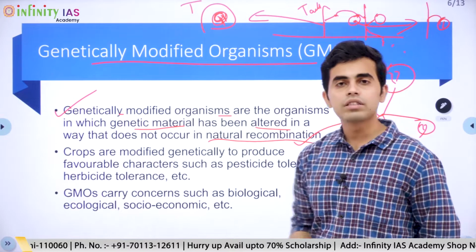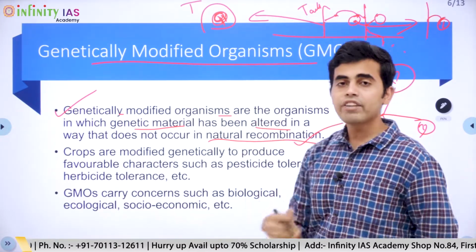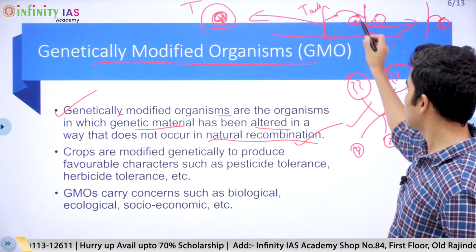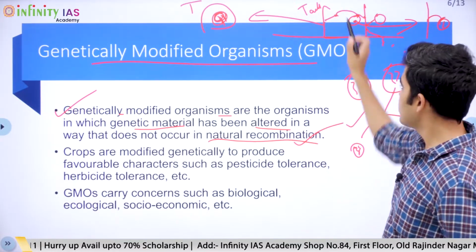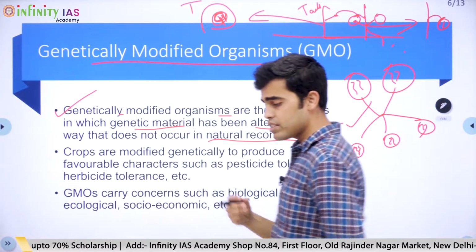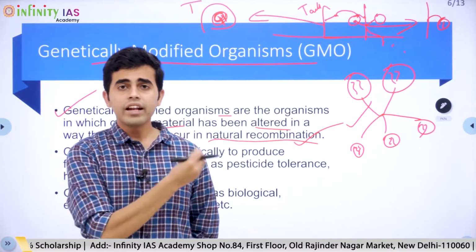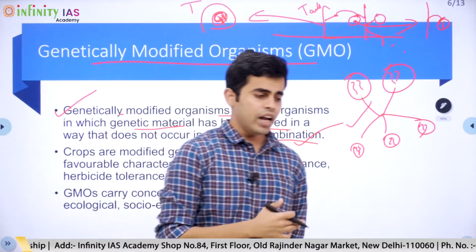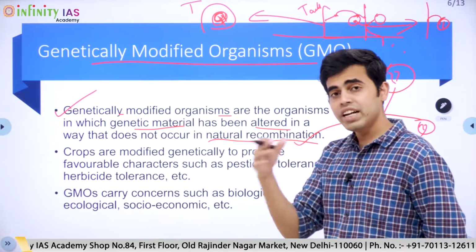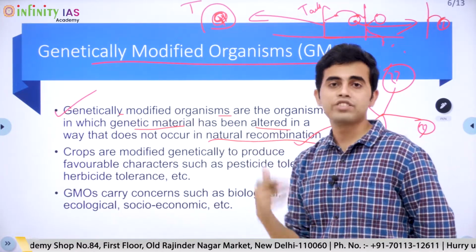So why do we do this? We do this to get favorable characteristics. For example, in these two plants, the natural recombination we saw has a very low probability of occurring in nature. It will only occur in one in millions, and it is very difficult to get such a crop naturally.